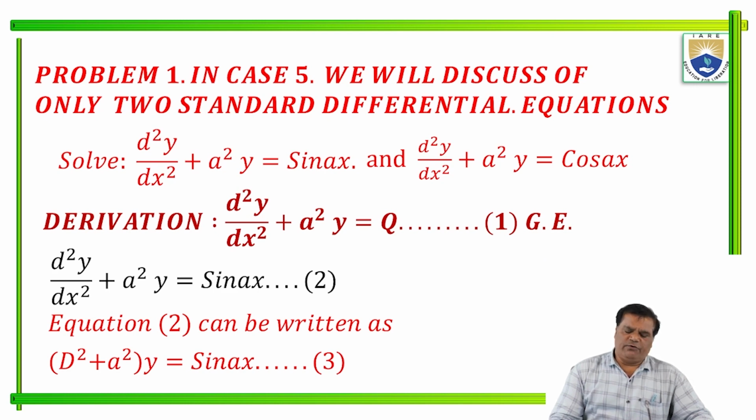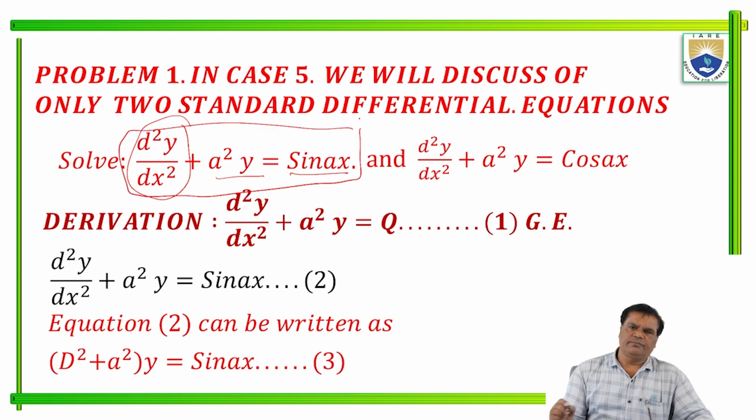We will discuss only two standard differential equations. Here solve d2y/dx2 plus a square y is equal to sin ax. This is differential equation 1. And the other is d2y/dx2 plus a square y equal to cos ax. This is equation 2.